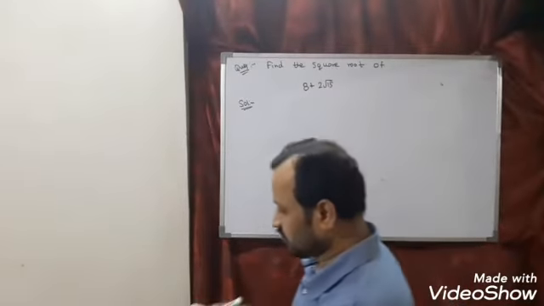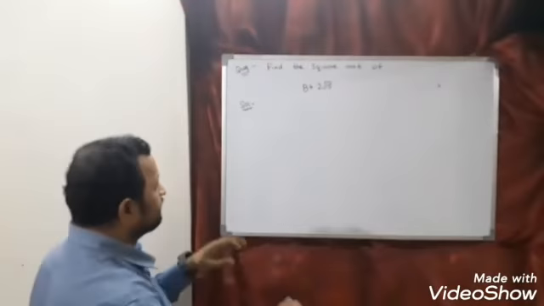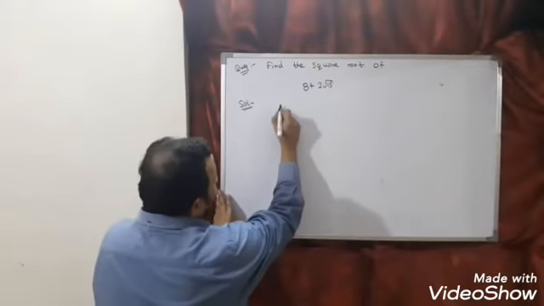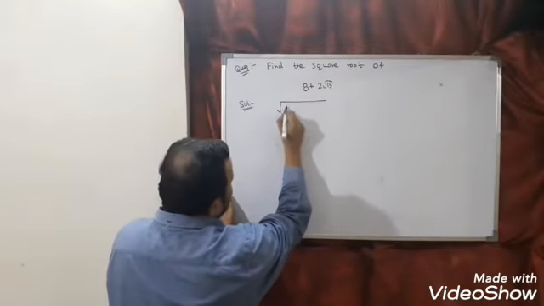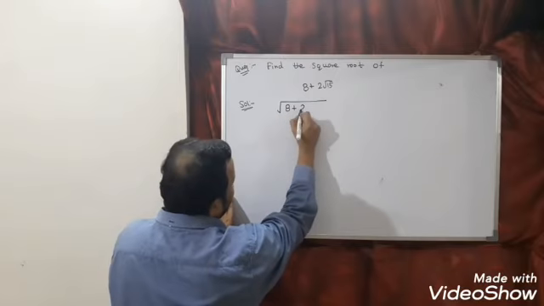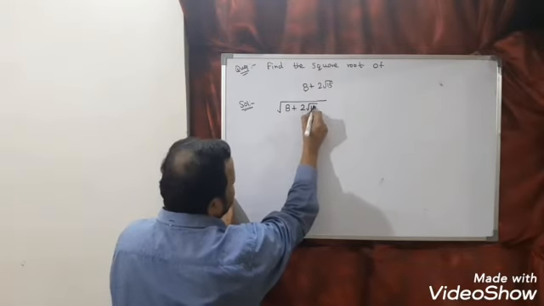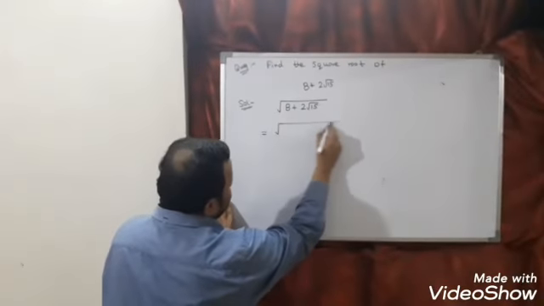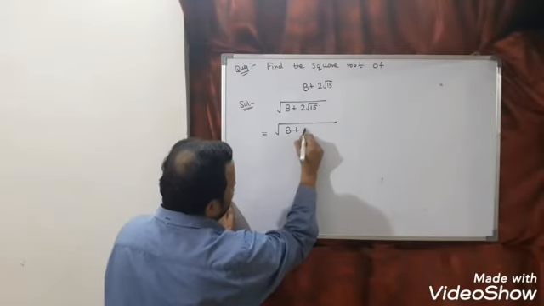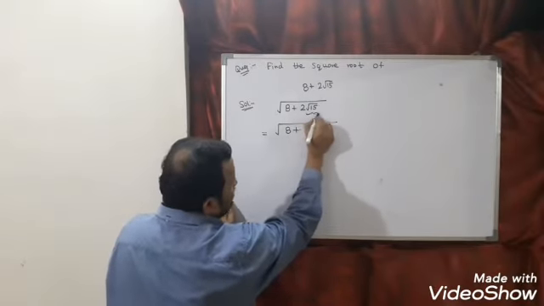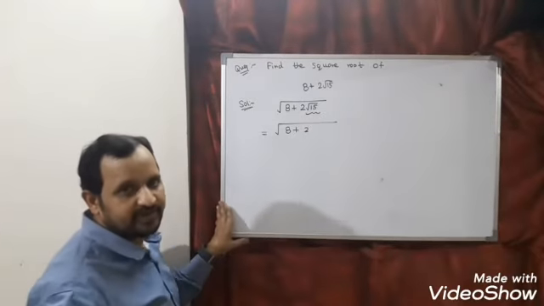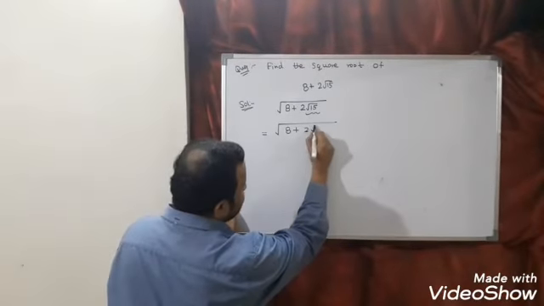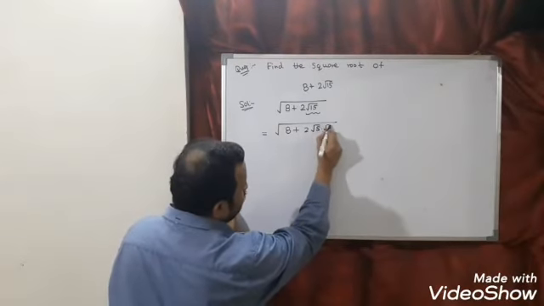Now see here, the question is, we have to find the square root of 8 plus 2 root 15. Now this we can write as 8 plus 2, and this root 15 can be written as root 5 into root 3, or not? So this I can say root 5 into root 3.